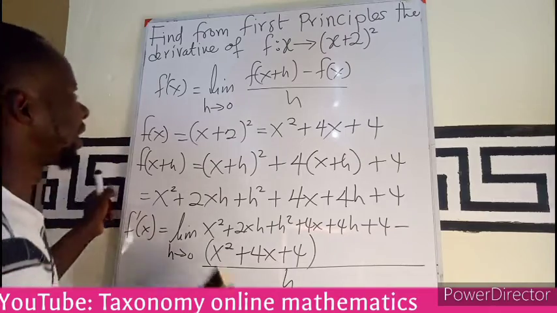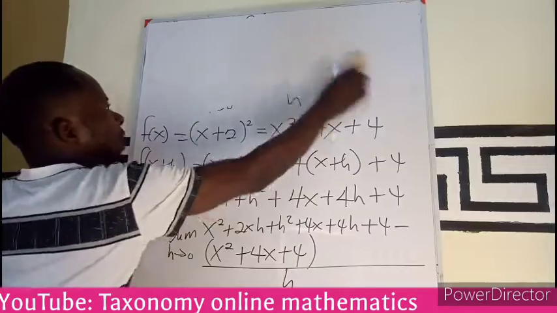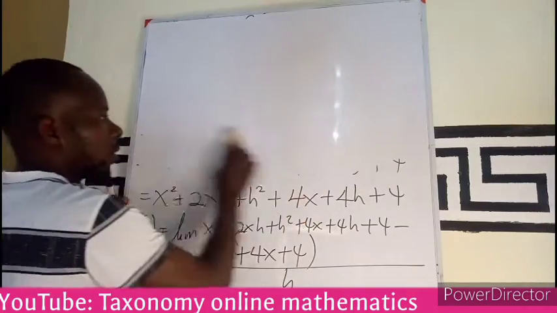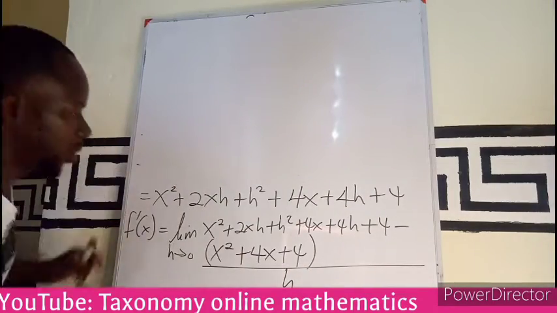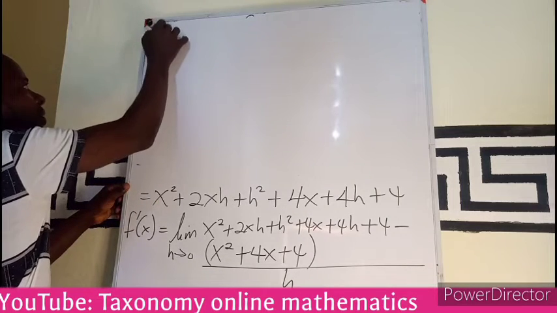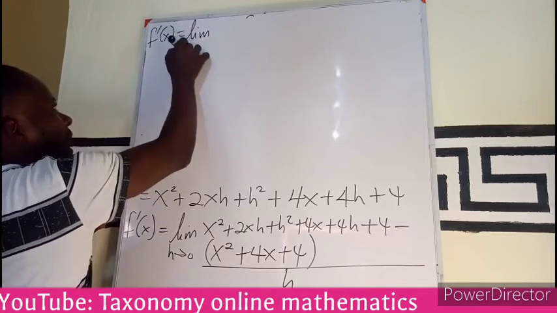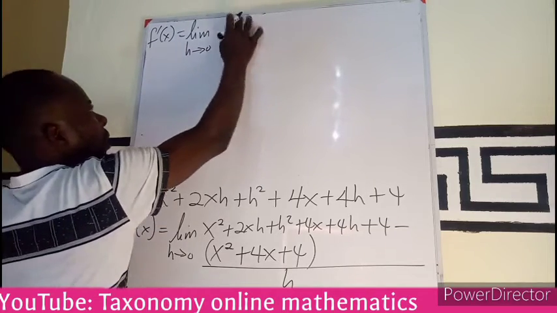So if that is done, then if I multiply everything in the bracket, our derivative is going to be the limit as h approaches 0.